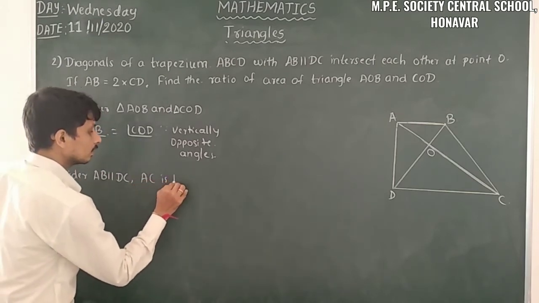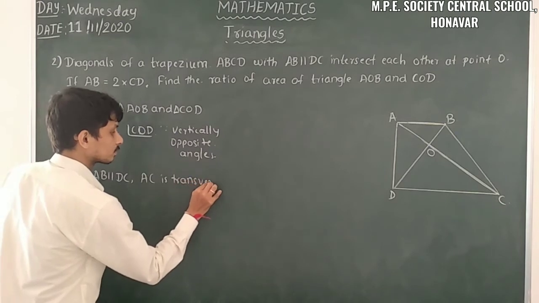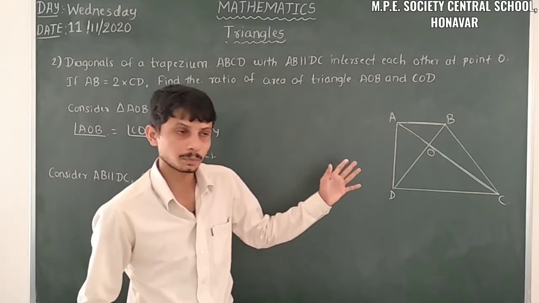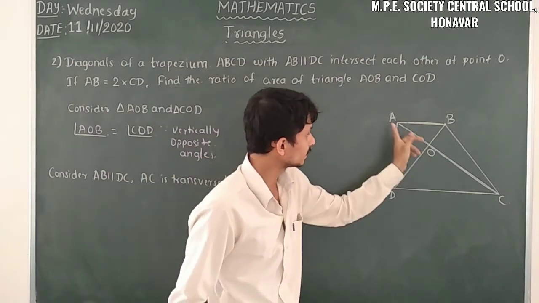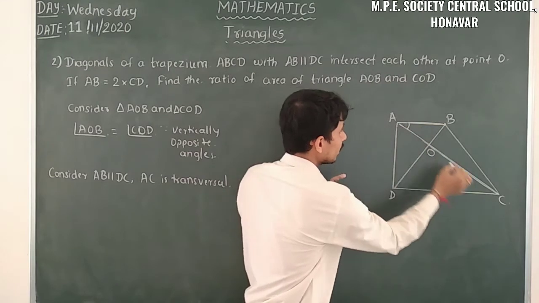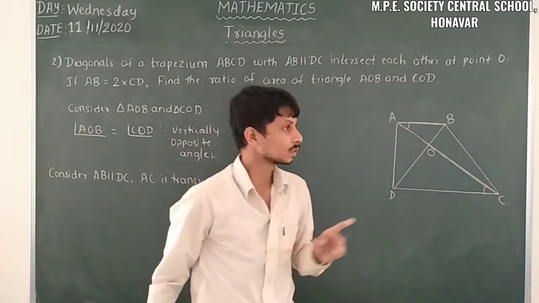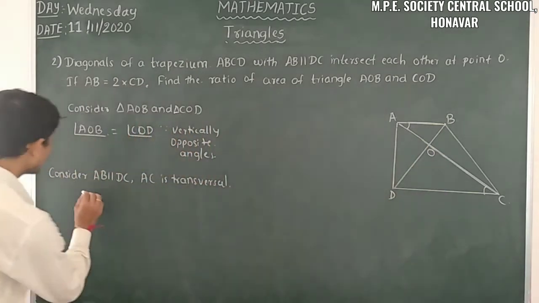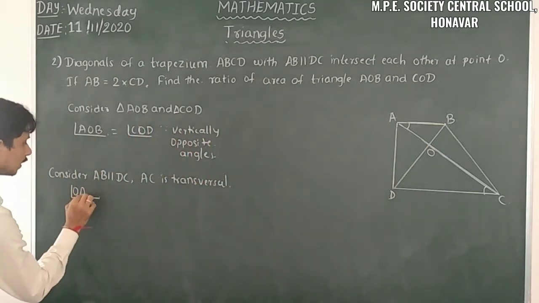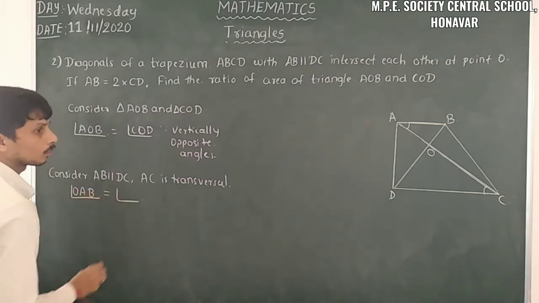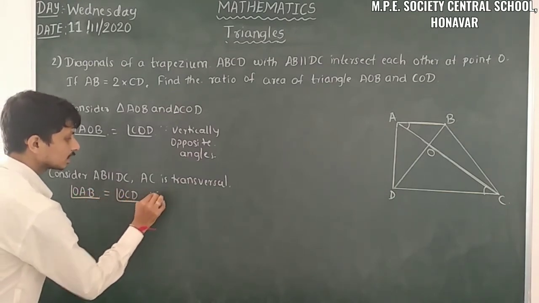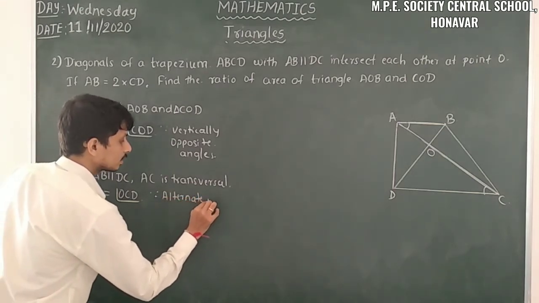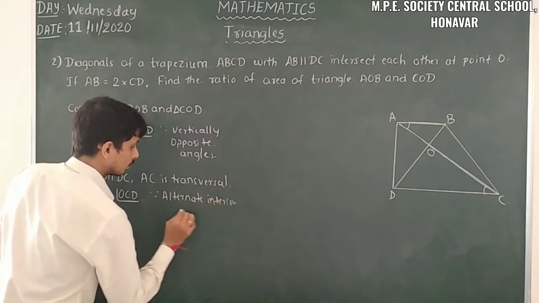Then what are the alternate interior angles possible here? Here AC is a transversal, so this angle and this angle are equal. That is, angle OAB is equal to angle OCD because they are alternate interior angles.